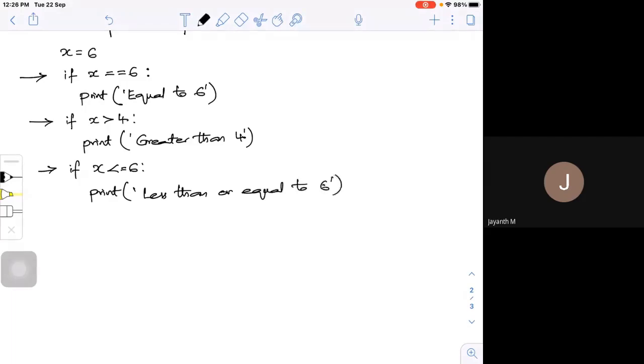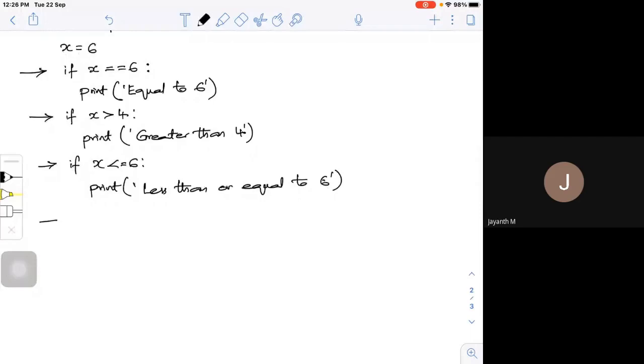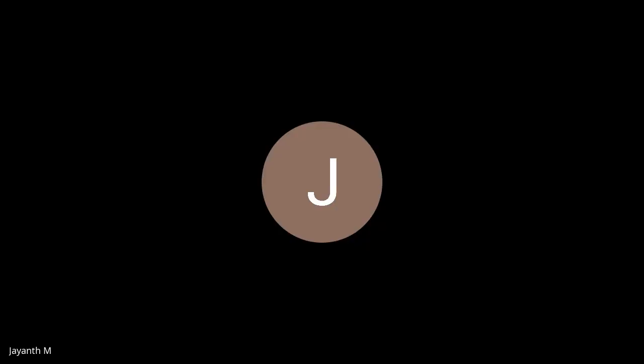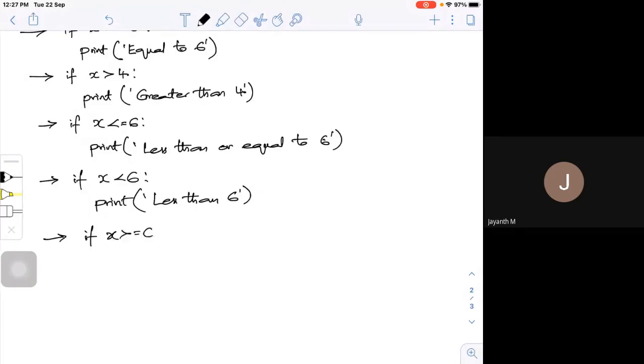Or if I want only less than, I want to check that as well. If x is less than 6, print "it is less than 6." Look at this, all the things I can cross check. Or if x is greater than or equal to 6, let me print "it is greater than or equal to 6."